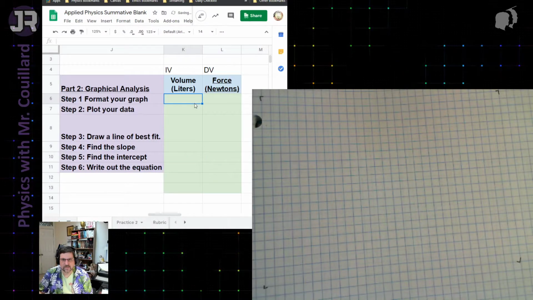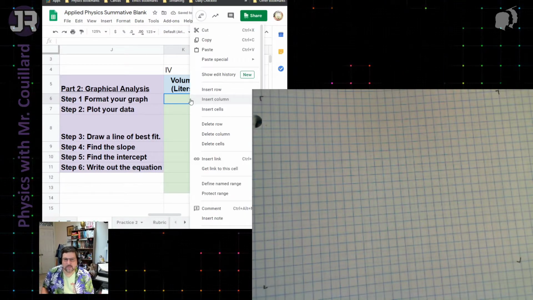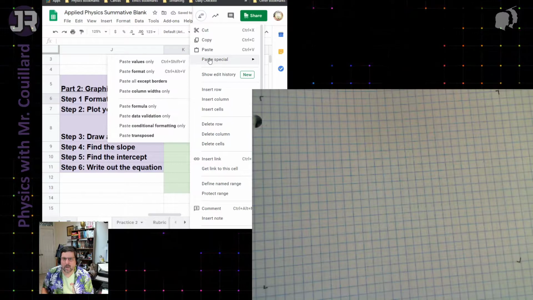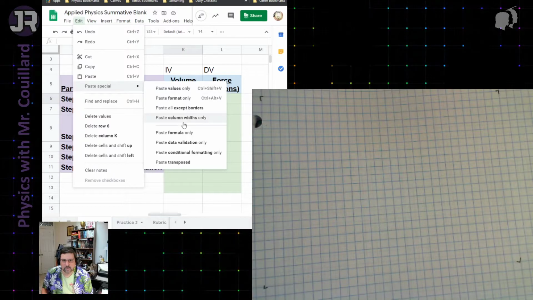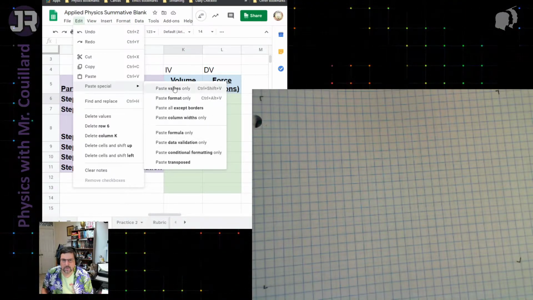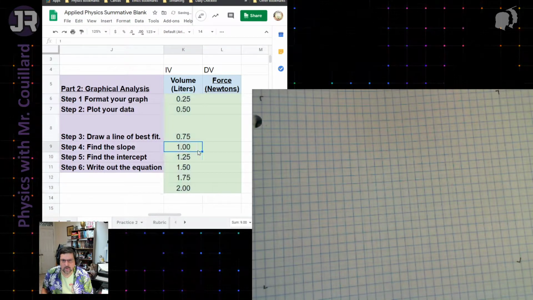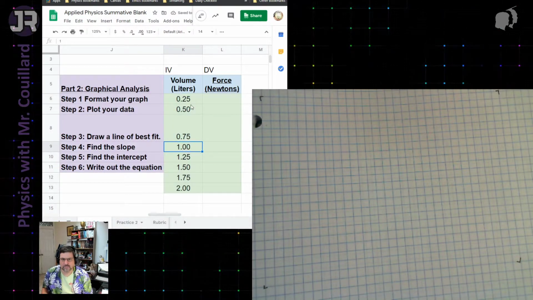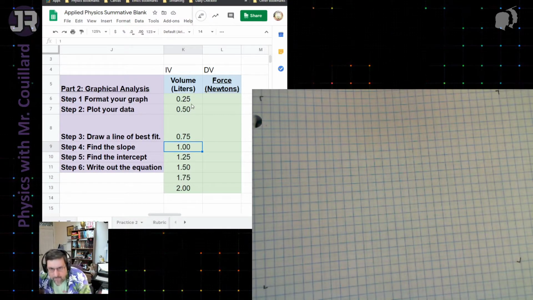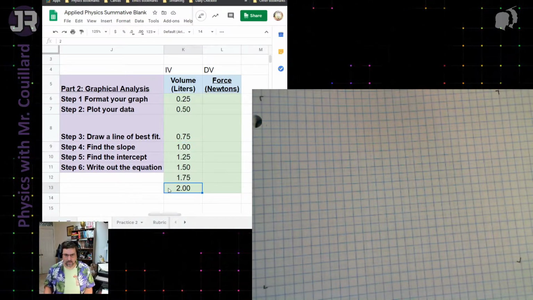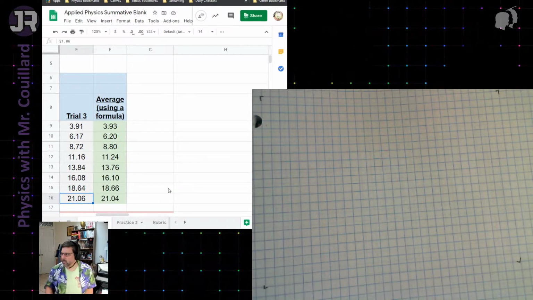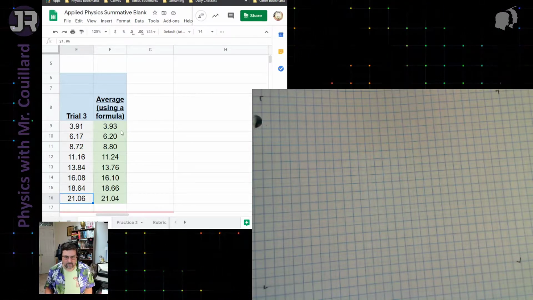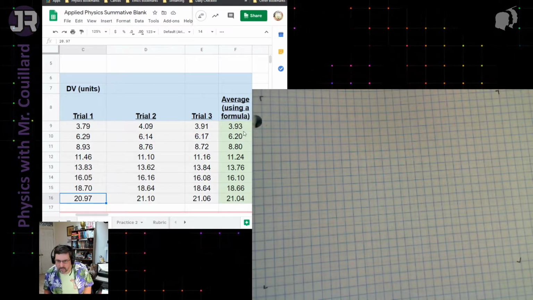So if I do Control Z to undo that, and go up here to edit, under paste special, we can paste the values, because that's what we want, the numbers. If we do that, it will paste in just the values that we calculated in liters for our independent variable. And then we can go back over and do the same thing with our average values for our dependent variable.